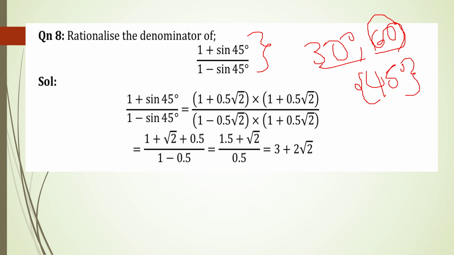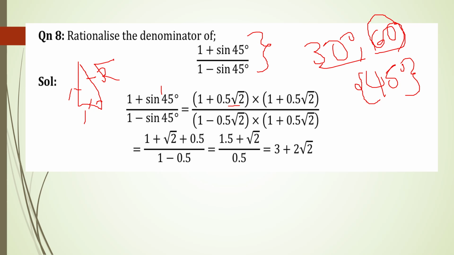So according to our right angle triangle of angle 45, sine of 45 is going to be the same as 0.5 root of 2, and this is after rationalizing.